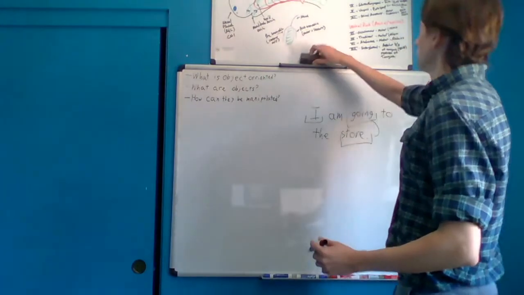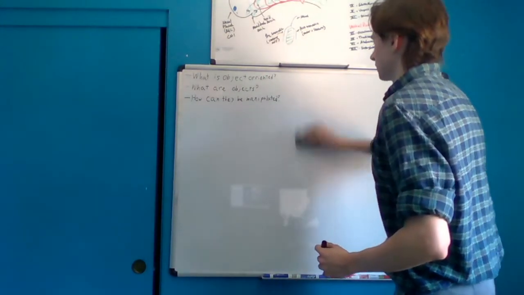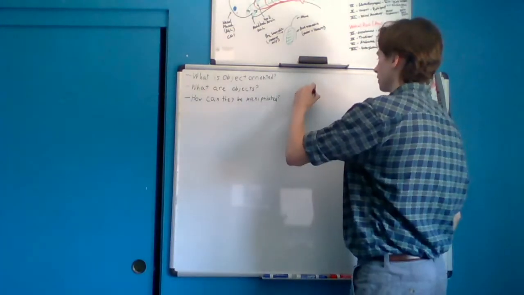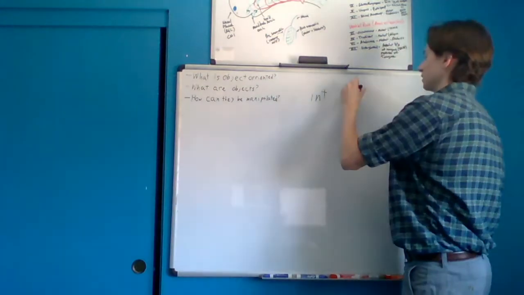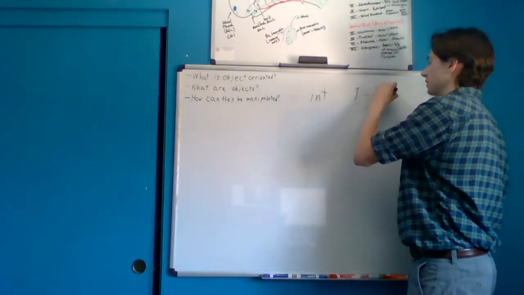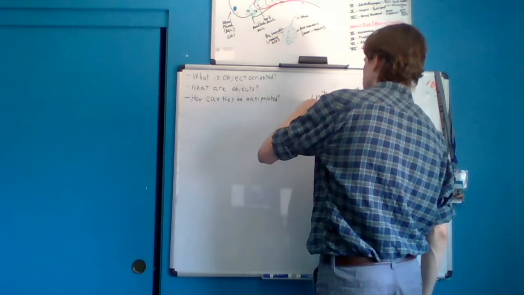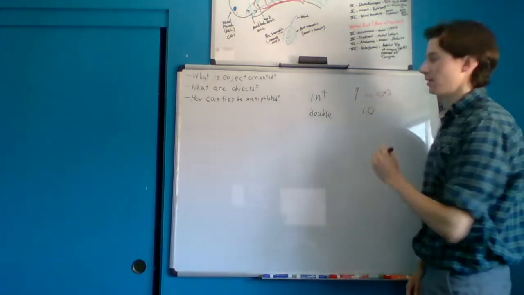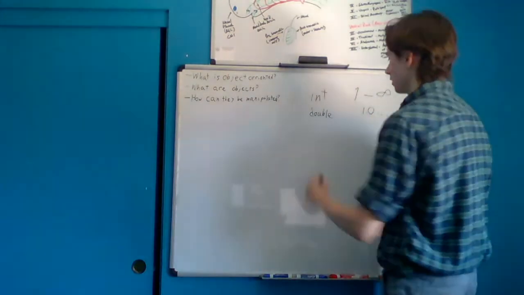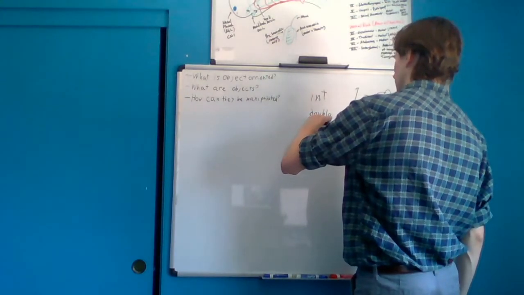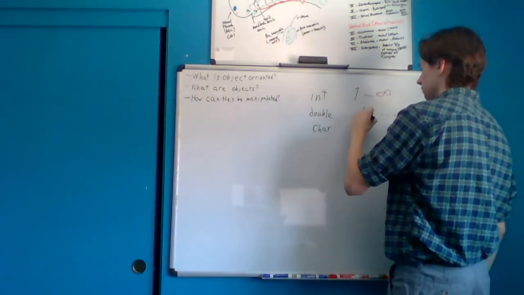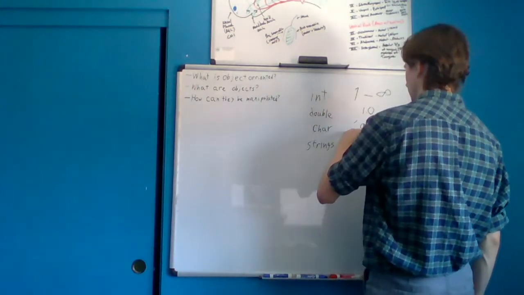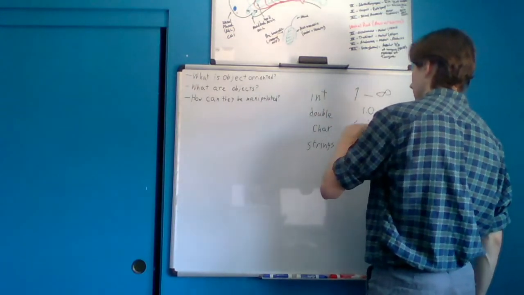Now, objects are a vast variety of things. There's a lot of base-level objects that any programming language has. You have regular integers, which are just numbers like 7 through infinity. You have double precision numbers, which are numbers with decimals, with however many decimals you want. You can have characters, which are letters, and you can have strings, which are a string of characters.